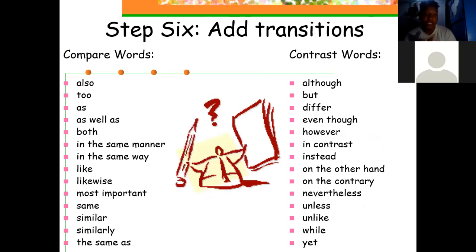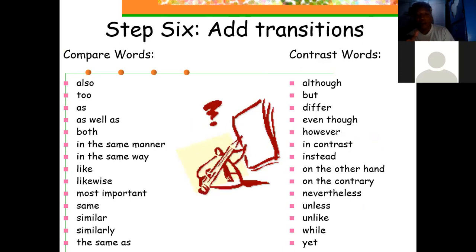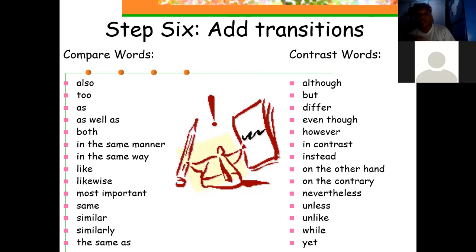For example, in the compare words, we can use also, as well, both, in the same manner, in the same way, likewise, most important, same, similar, similarity, and the same as. In the contrast words, you can use but, differ, eventually, however, in contrast, instead, on the other hand, on the contrary, nevertheless, unless, unlike, while, and yet.